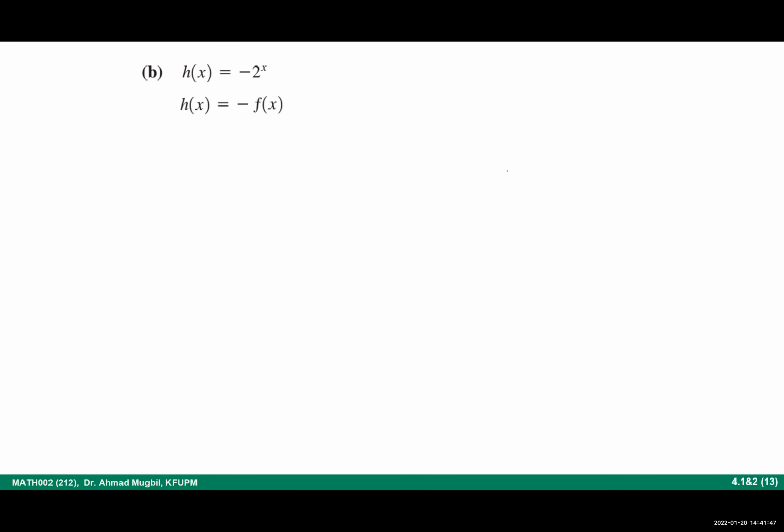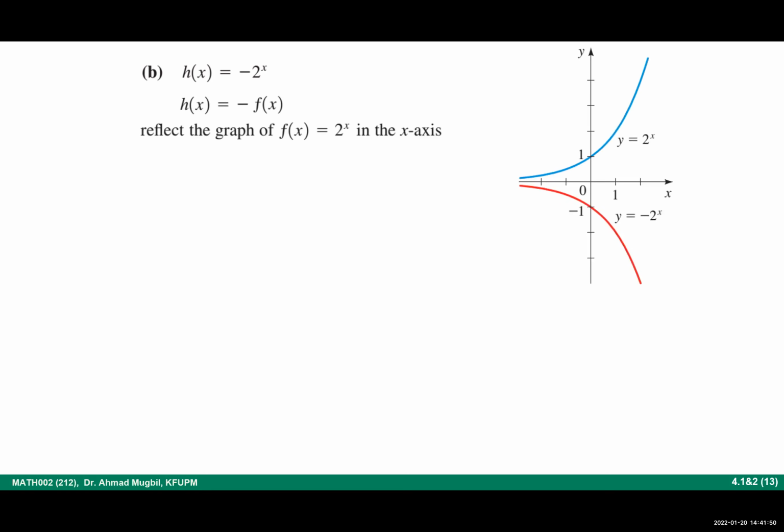Please revise the techniques, the slides that I told you about. Here, y is 2 to the power x. It will become y equals negative 2 to the power x. So here it is totally positive. Here it will be totally negative. So it will be below the x-axis. So this is the graph of the function negative 2 to the power x. And you can see clearly here that the range is from negative infinity to 0. The horizontal asymptote is still the same. The domain is the same.